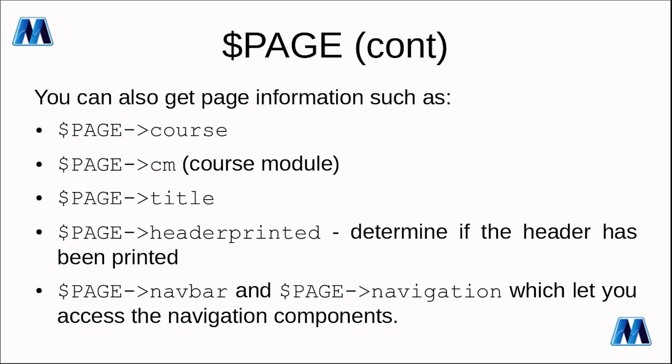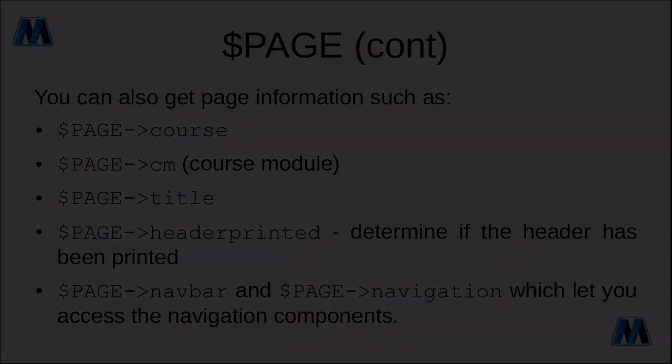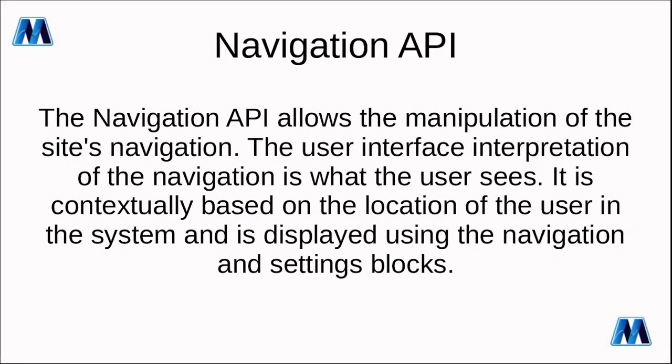Okay, and then you can actually get access to your navigation. The navigation API allows for the manipulation of the site's navigation. The user interface interpretation of the navigation is what the user sees, so it's contextually based on the location of the user in the system and is normally displayed via navigation and settings blocks.